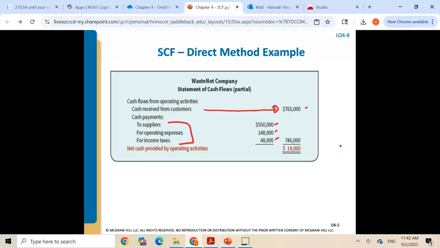So you take your cash inflow and minus your cash outflow, and you get your net cash provided by operating activities. I just want to note that whether you use a direct or indirect method for the operating activities, the end result will be the same. You should get the same net cash provided by operating activity no matter which method you choose.